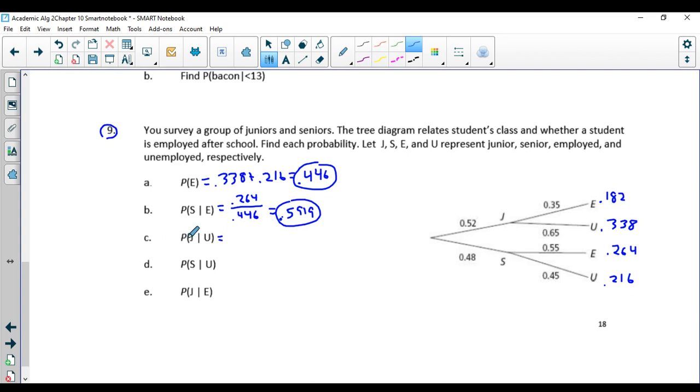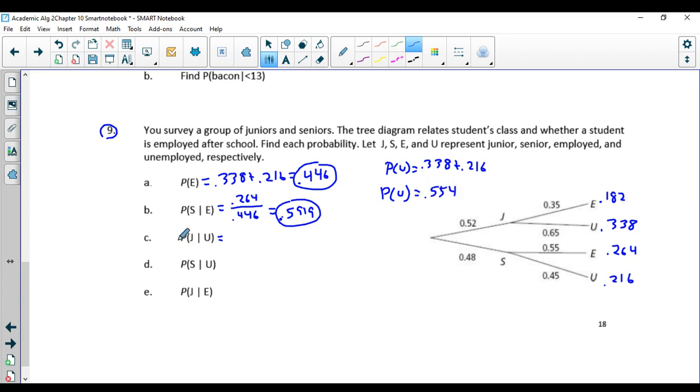For the next one, we're looking at a junior given unemployed. So the next thing I have to do is find the probability of unemployed, which is going to be 0.338 plus 0.216. And that's 0.554.